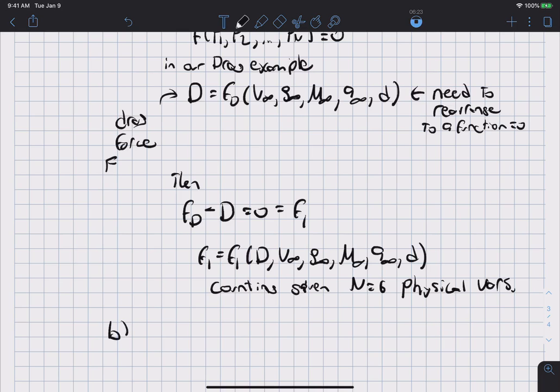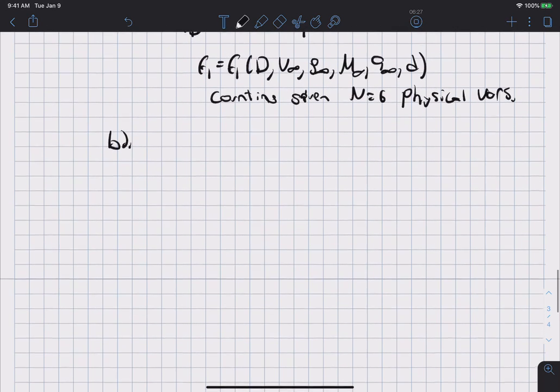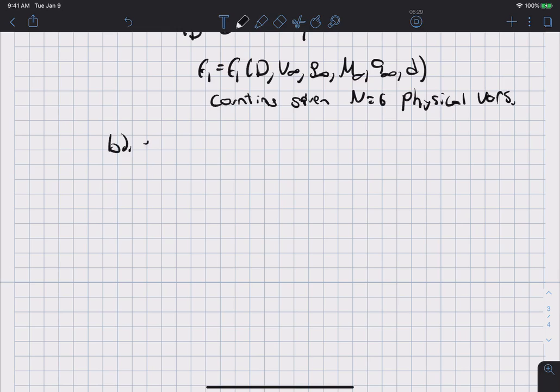Now step B is, on these physical variables, we need to examine the units. Okay, and you have two choices for this.